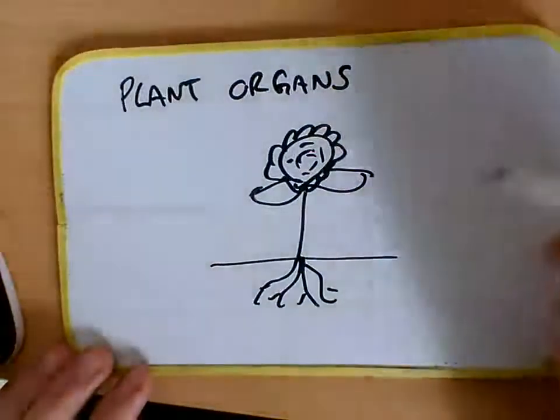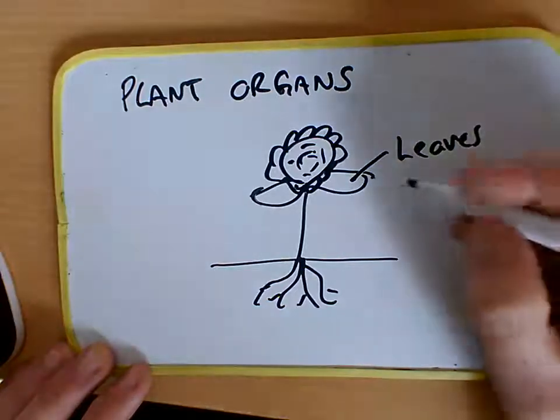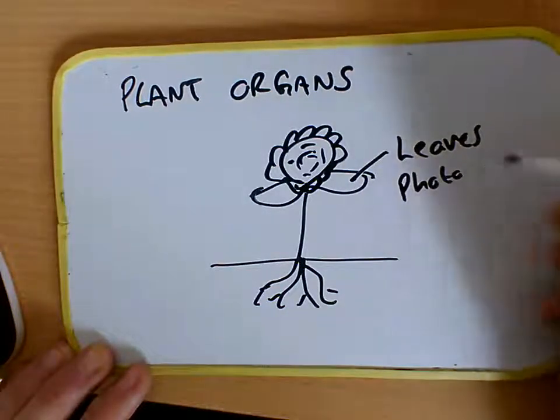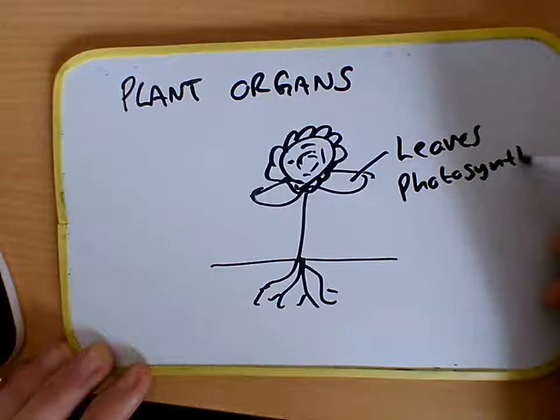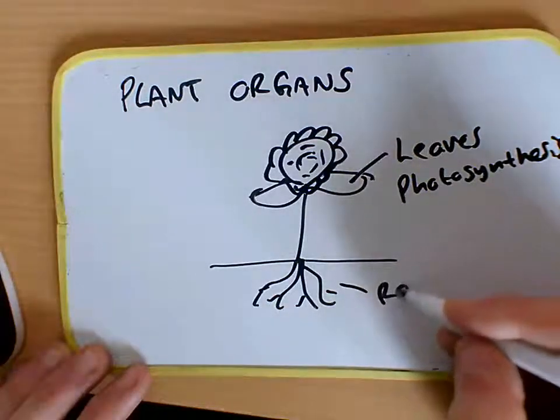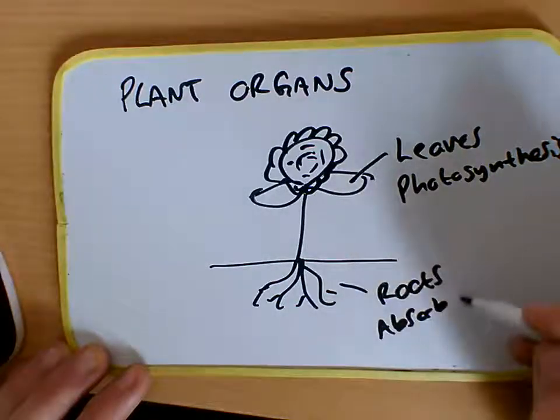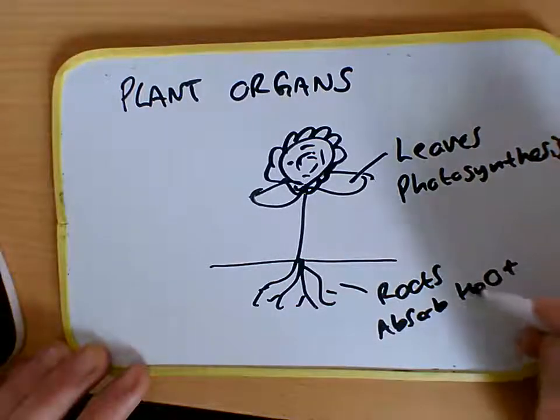So a typical plant has the leaves, which we know carry out photosynthesis, and we just looked at that in great detail. Below ground we have the roots, and their job really is to absorb water and minerals.